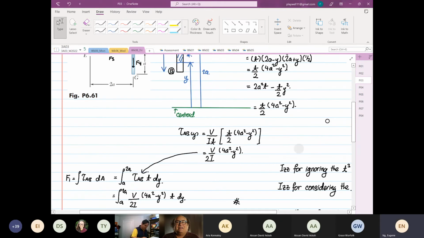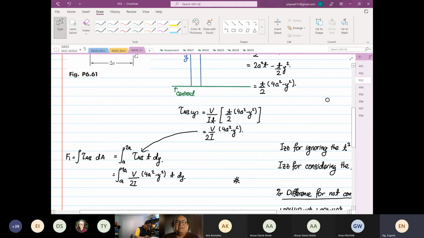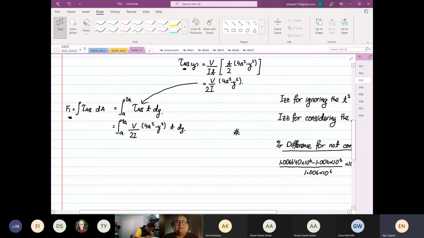Then from there, we substitute into our shear stress equation, and then we are going to integrate the shear stress with respect to the area to find F1.